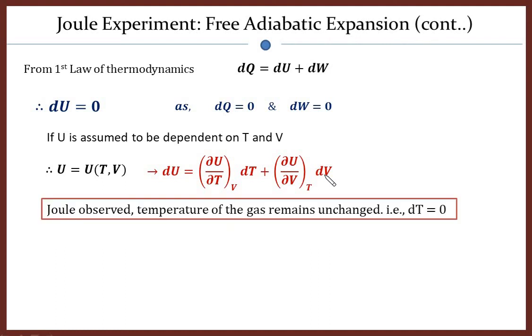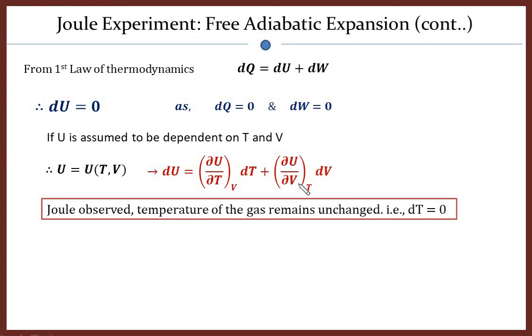There is another point which was observed by Joule during that experiment. The temperature of the gas remains unchanged, that is dT equals 0. This is an experimental fact. Now if you utilize all these facts, dU equals 0 and dT equals 0, this term will be equal to 0.